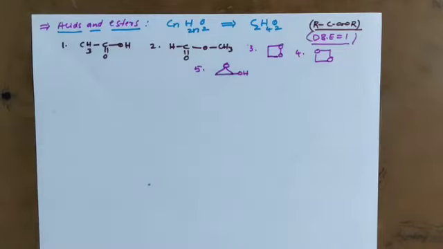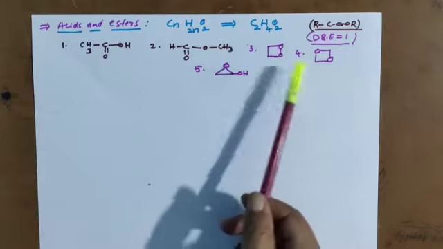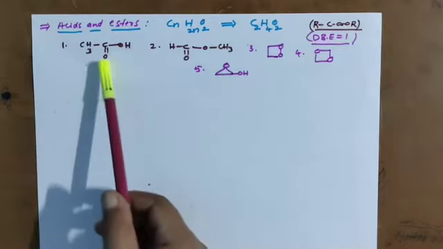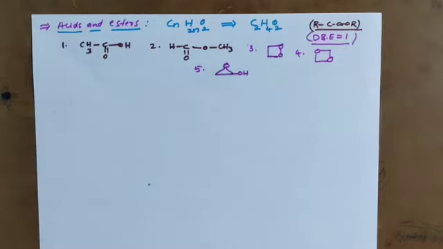Clear? We got a ring now. So like this, one double bond, one ring compound we are getting. So acids and esters are functional group isomers.